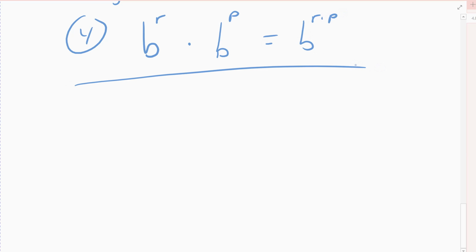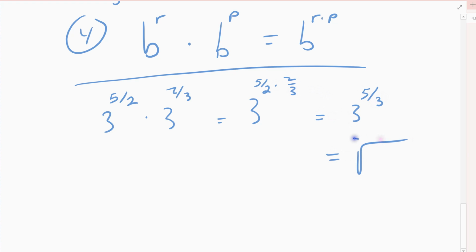So if I've got an example, 3 raised to the 5 halves times 3 raised to the 2/3. Well, that's exactly the same as 3 to the 5 halves plus 2/3, and that simplifies to 3 raised to the 5/3. Which again, I can leave it like that, or if I wanted to write it as a root, that would be the cube root of 3 to the 5th.